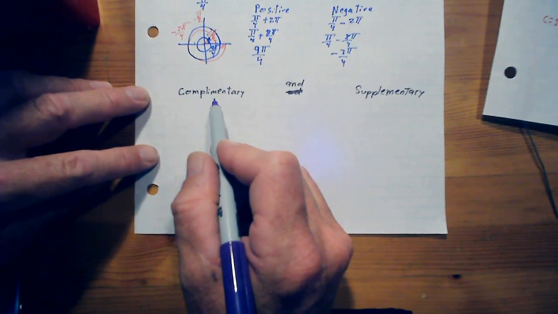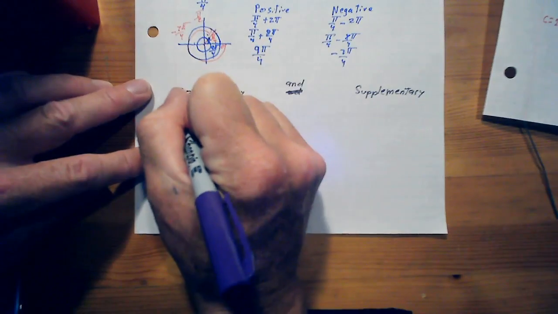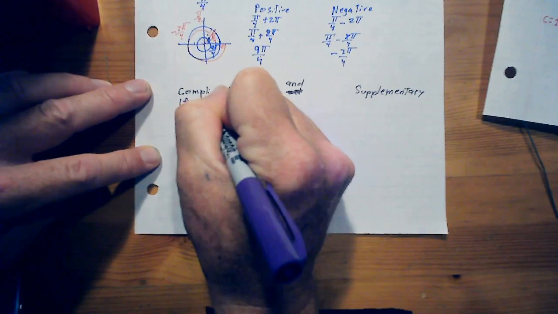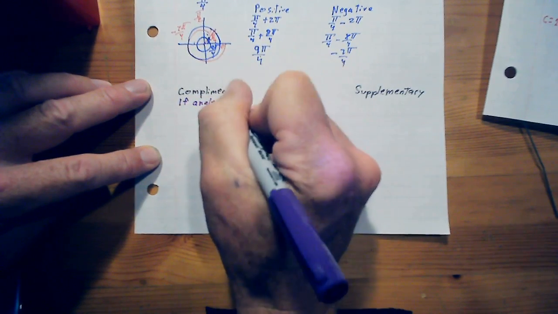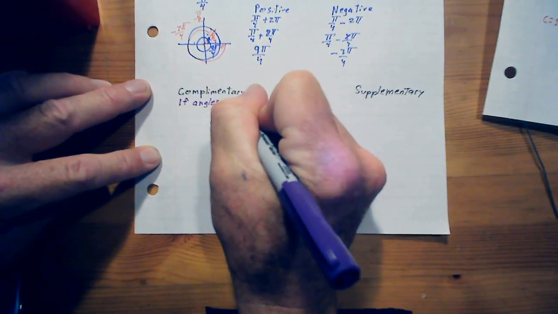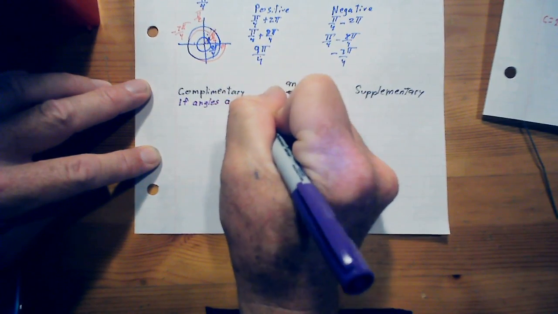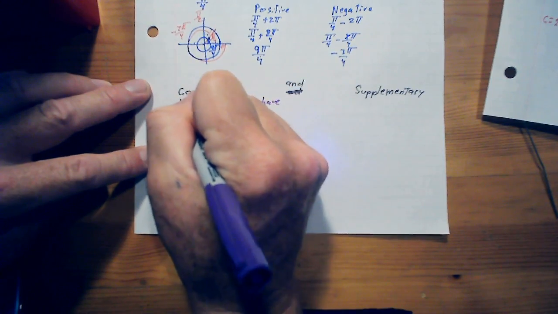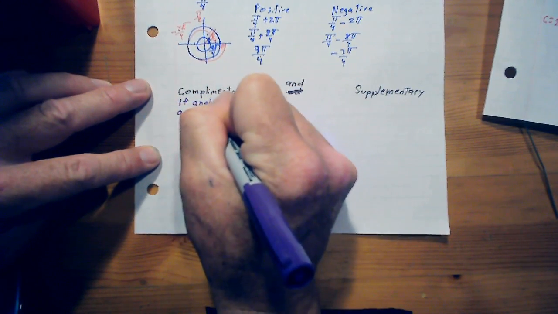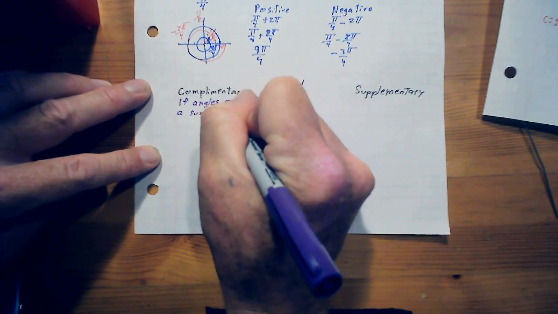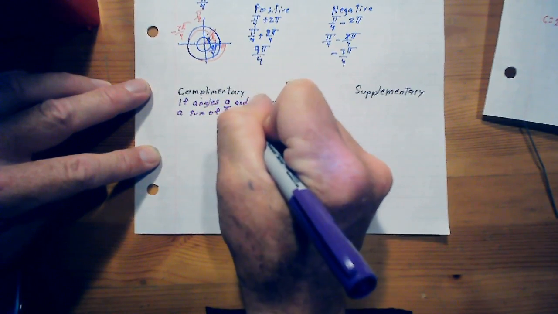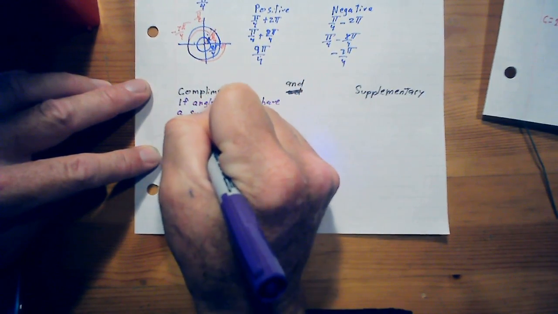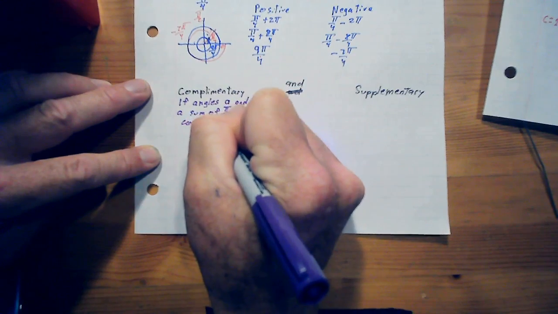So complementary means that if angles A and B have a sum of pi over 2, they are complementary.